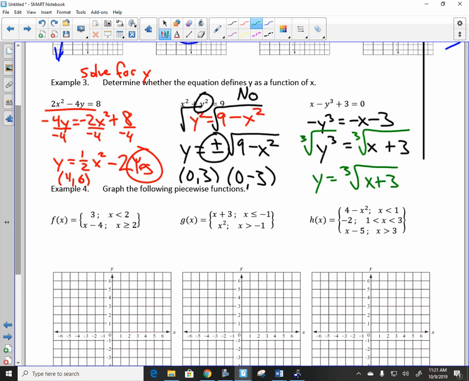As you try to think through it, I'll pick a value, I'll pick 5. As I plug in 5, 5 plus 3 is 8. What's the cubed root of 8? So I only get one result. It's not like it's saying that you're going to get multiple results from that situation, okay?